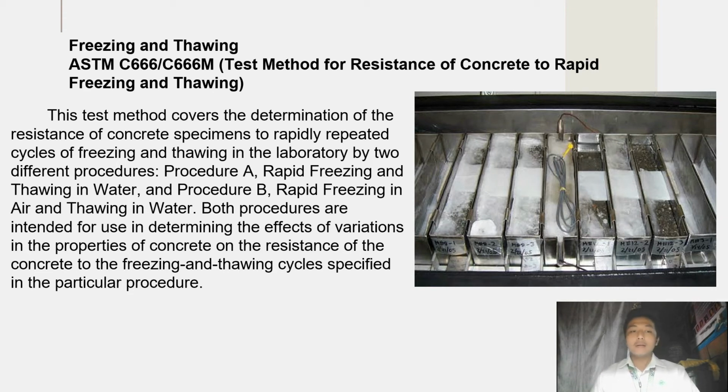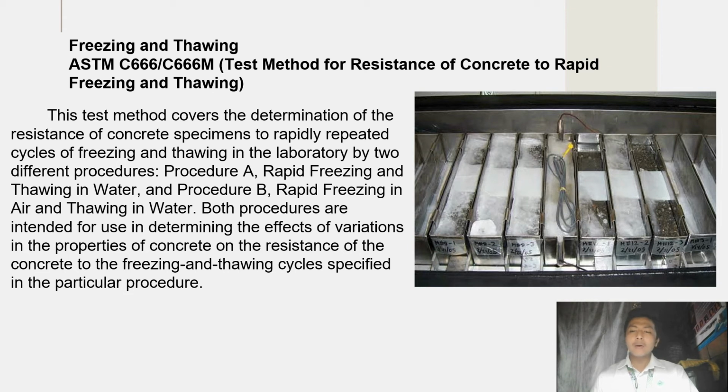Kapag taglamig or tag-ulan, yung mga tubig na pwedeng makapasok sa concrete natin. Then kapag naging frozen siya at natunaw siya sa tag-init, pwede itong magdulot ng mga pressure sa concrete hanggang sa magkaroon ng pagkabitak-bitak. Paulit-ulit yung process hanggang sa mag-expand yung mga crack sa ating mga materials.